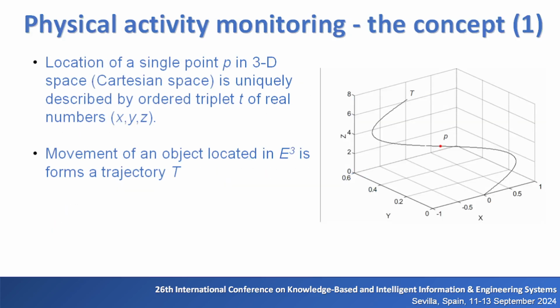The concept of physical activity monitoring is using the following mathematical foundation. Location of a single point P in 3D space, which is Cartesian space, is uniquely described by an ordered triplet T of real numbers x, y, and z. This is the red spot in the picture. Movement of an object located in this space forms a trajectory.